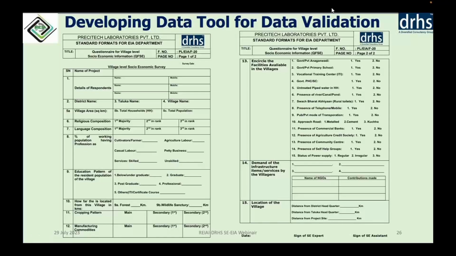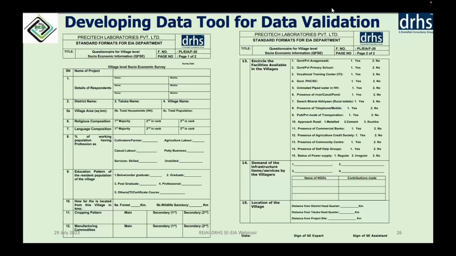Now, what happened? I will share my experience. While collecting these data, you go into the field and you generate a group. Within a group, you find the information coming is all unreliable. People just say yes or no, anything, to get rid of you. Remember, try to contact a key informant interview.